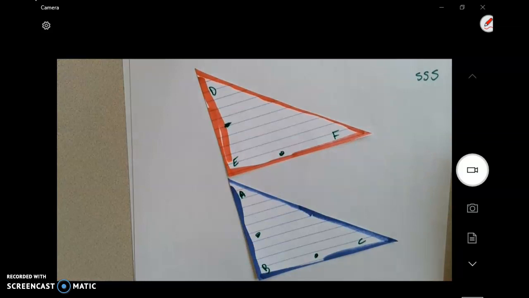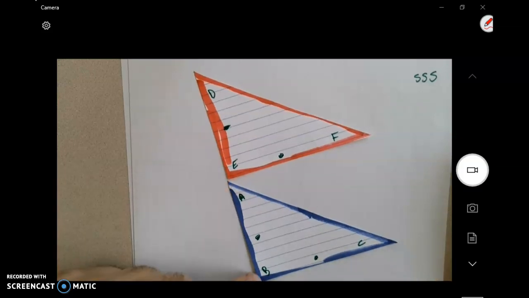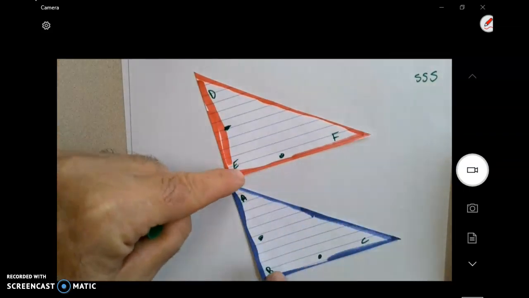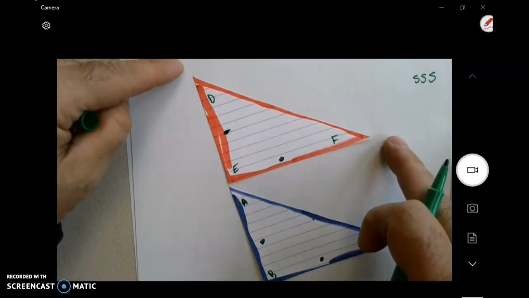And angle E is congruent to angle B. So I have an angle between the two sides. Is there any other distance that this third side could be if the same opening and these two sides are the same length and the opening is the same? Is there any other distance that there could be for that third side?